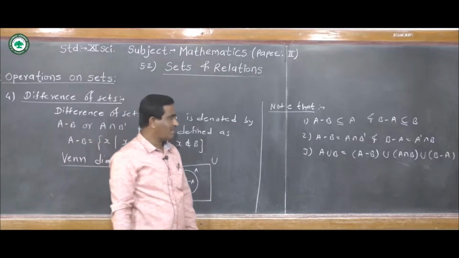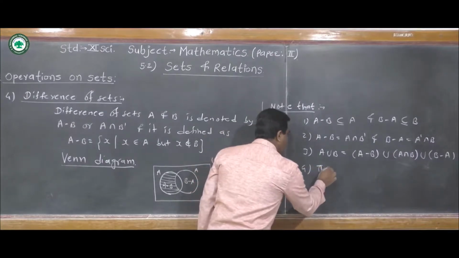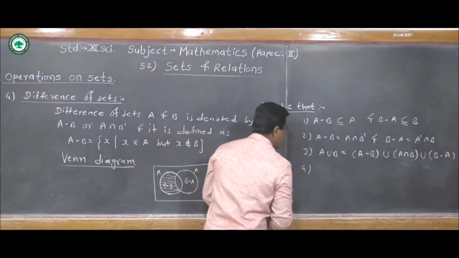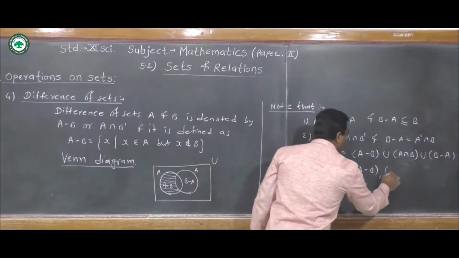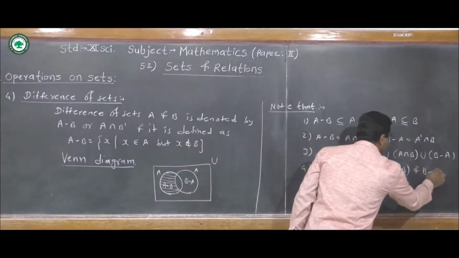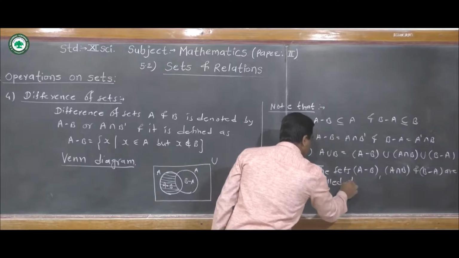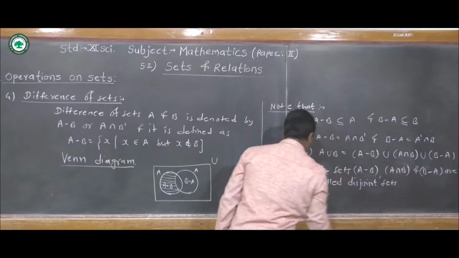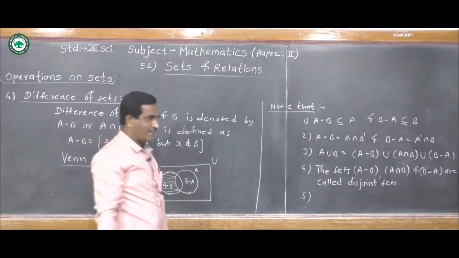Now these sets A minus B, A intersection B and B minus A are called disjoint sets. Disjoint sets. Okay.